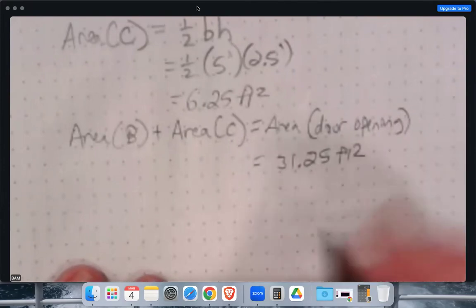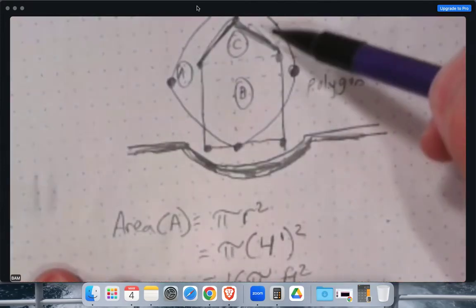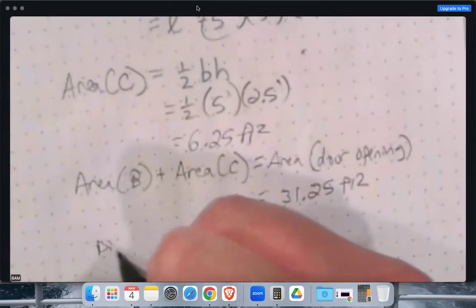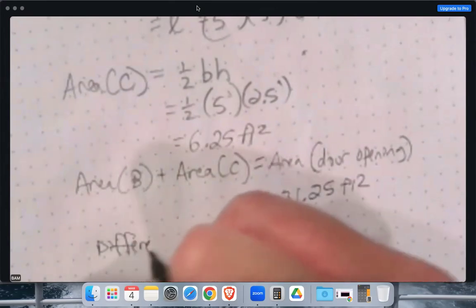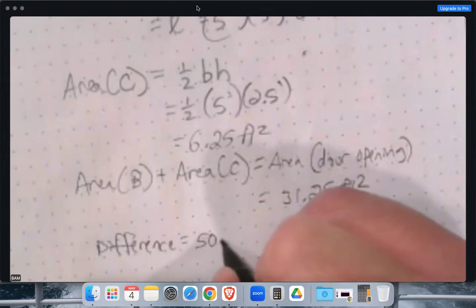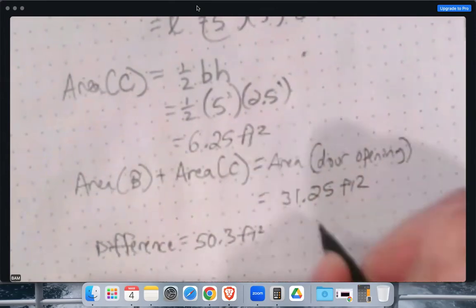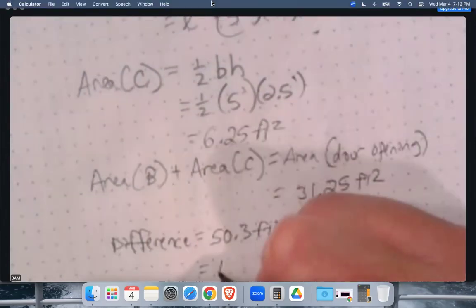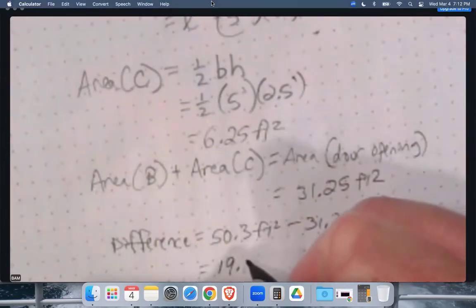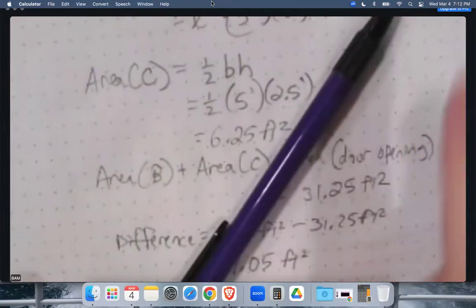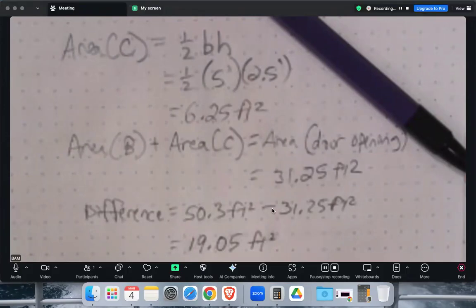And then we're going to do stone minus door. So the difference is 50.3 square feet minus 31.25 square feet. That's 19.05 square feet. And let's check that.